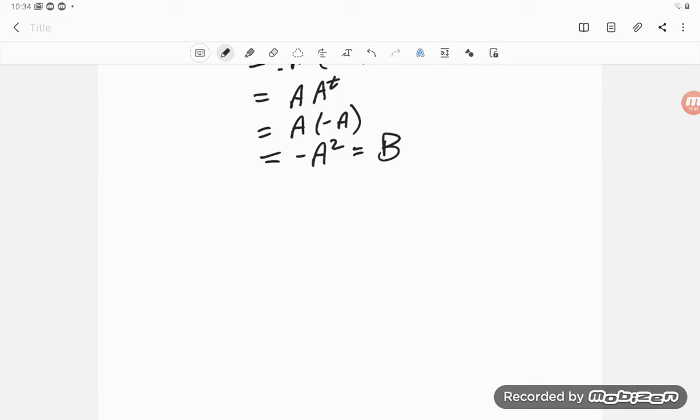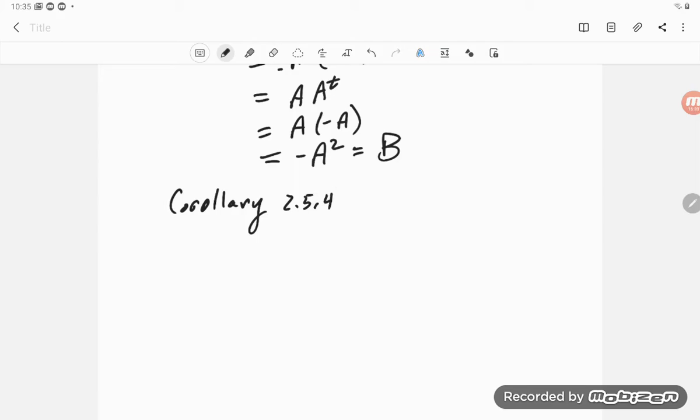Now they have another interesting result here. Corollary 2.5.4.